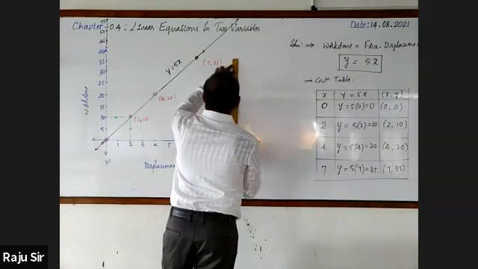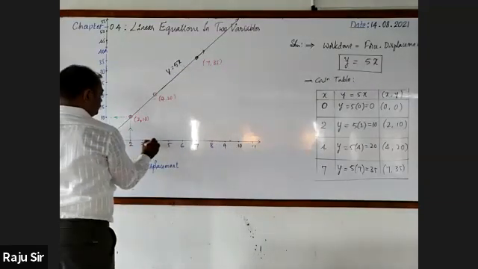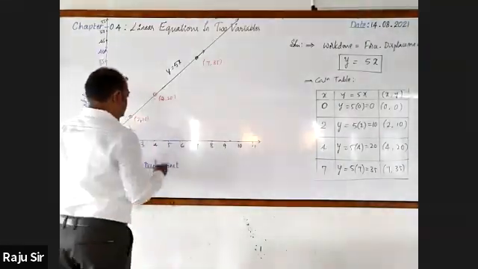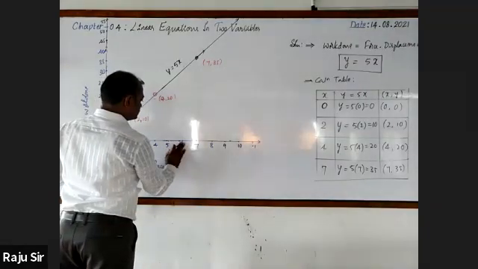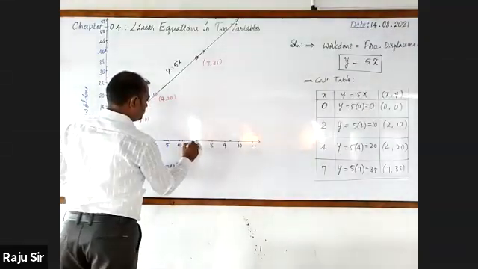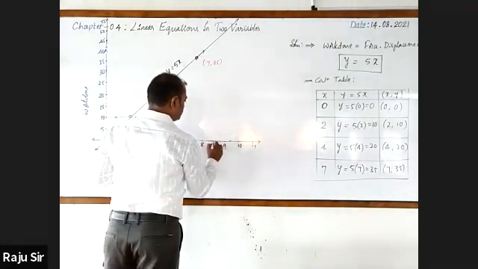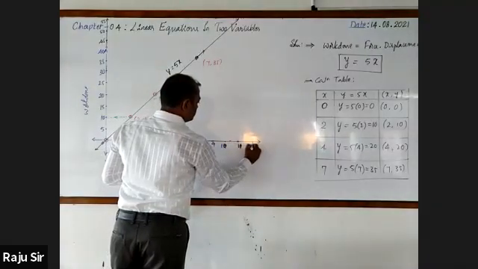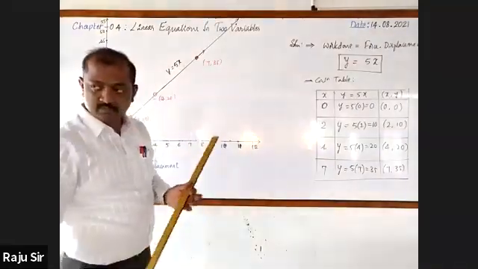Let us see that. 5, this is 6, 7, 8, 9, 10, 11, 12. That's for 10.